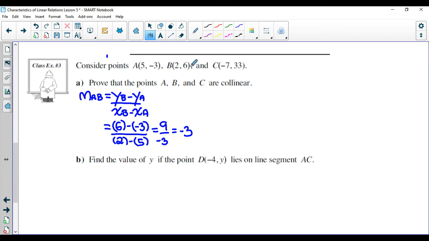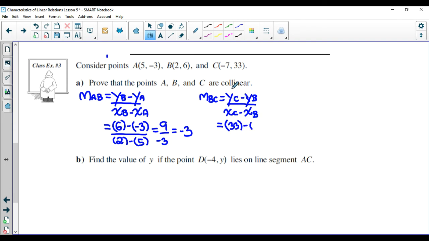You'll do the same thing for line segment B to C. So the slope of line segment BC would be equal to YC minus YB divided by XC minus XB. Let's plug those numbers in. The y coordinate of point C is 33.